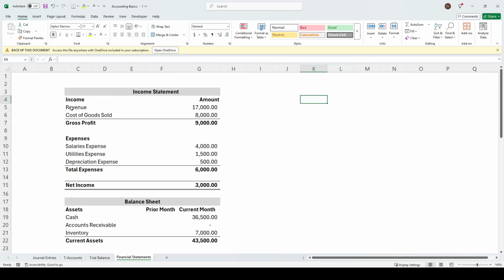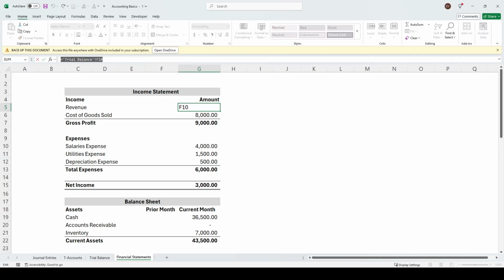So if you recall, we had $17,000, and you also see that the income statement is connected to the trial balance. We had $17,000 of revenue, we had $8,000 of cost of goods sold. So the difference between the two will create our gross profit for sales. And then the business also had some operating expenses.